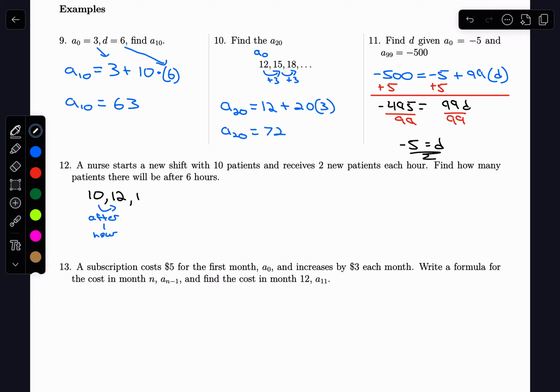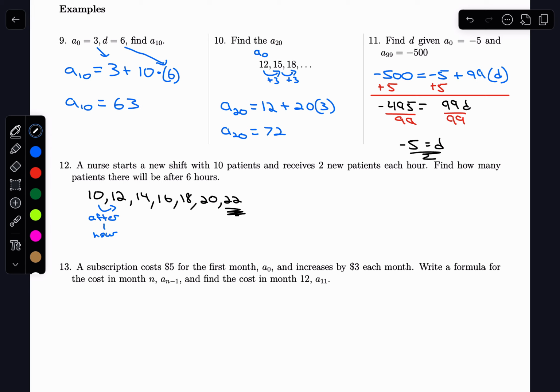Then we add 2 again. So after 2 hours, we're at 14. After 3 hours, we're at 16. After 4 hours, we're at 18. After 5 hours, we're at 20. And after 6 hours, we're at 22. Okay, so we went from 10 all the way up to 22. So we know that 22 patients is going to be the answer.